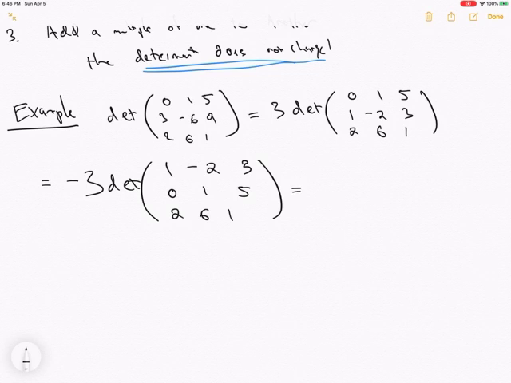So now we're going to apply a third elementary row operation, and this doesn't actually change anything. The determinant won't scale or change signs or anything like that, so we're leaving the first two rows alone. And we're going to do row 3, take away 2 times row 1.